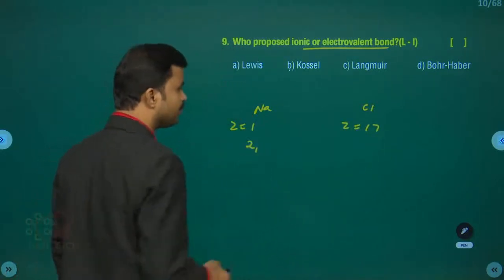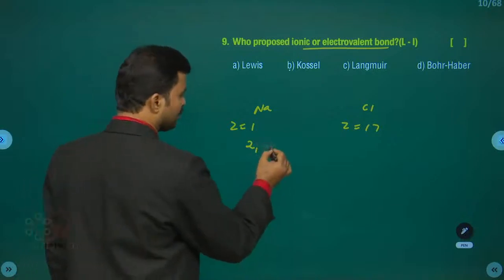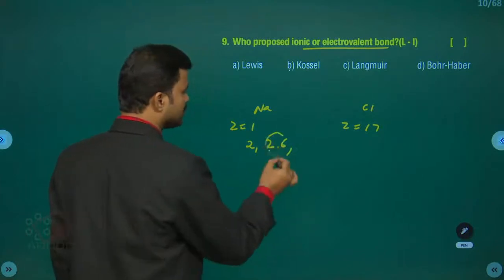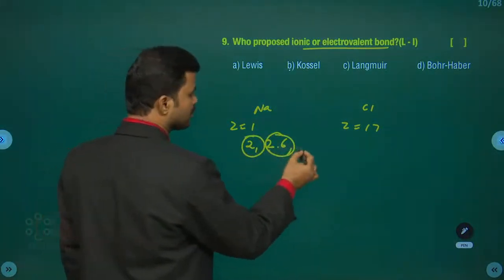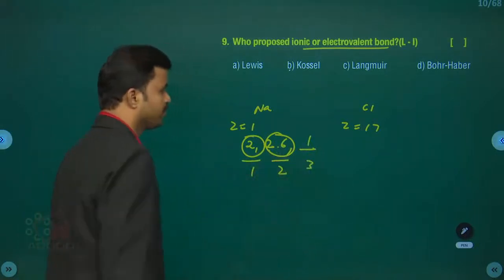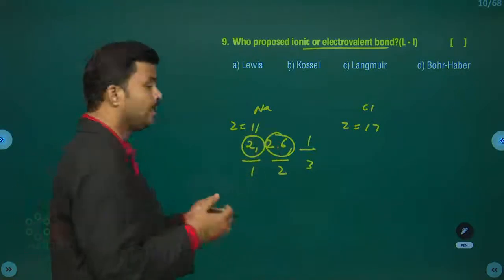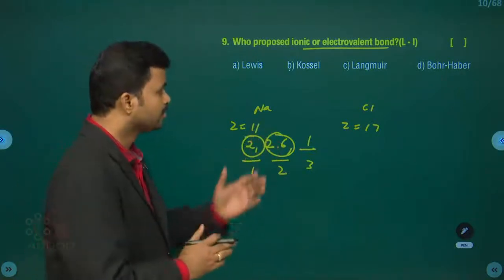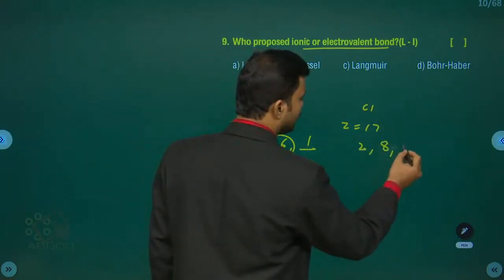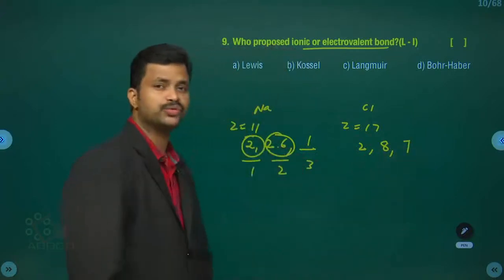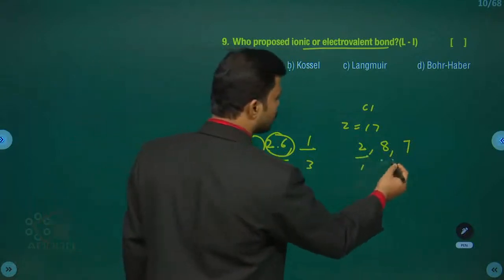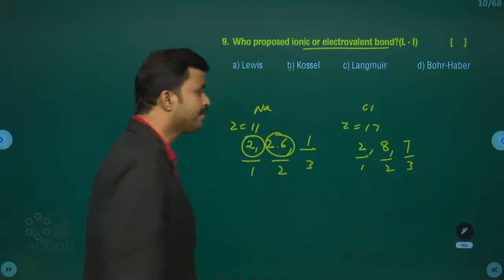Write the electronic configuration for sodium: 1s2, 2s2 2p6, that is 8 electrons in the second orbit, and in the third orbit only 1 electron. With atomic number 11, there are 11 electrons in the sodium atom. Chlorine has 17 electrons: 1s2, 2s2, 2p6 and 3s2, 3p5. So the first orbit has 2 electrons, the second orbit 8 electrons, the third orbit 7 electrons.